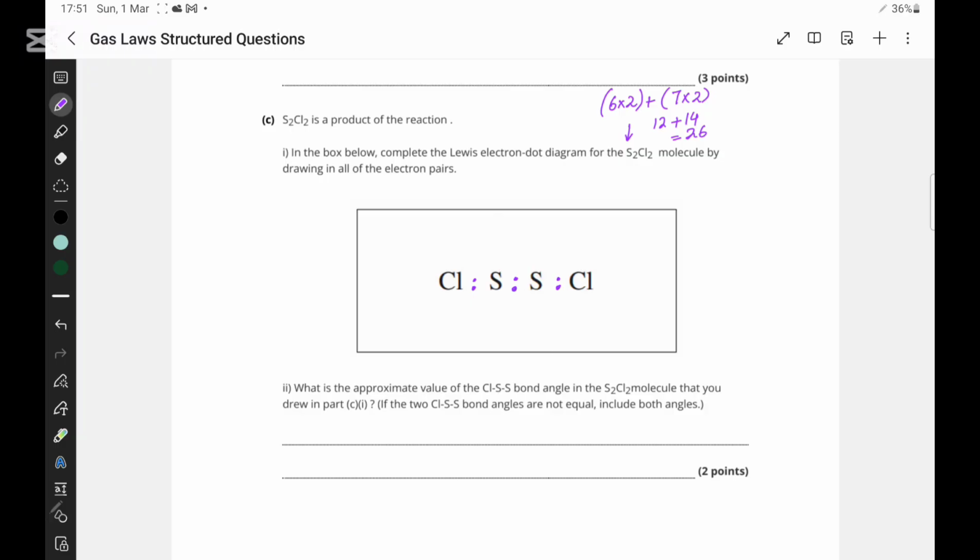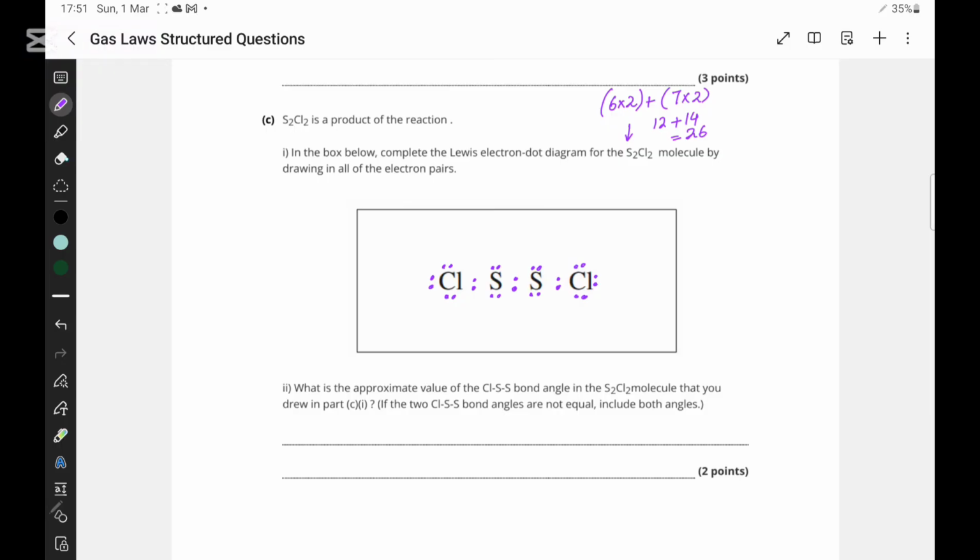One pair of electrons I have drawn, and then we have to show the remaining lone pairs. These are the lone pairs. So how many electrons does it become? 1, 2, 3, 4, 5, 6, 7, 8, 9, 10, 11, 12, 13, 14, 15, 16, 17, 18, 19, 20, 21, 22, 23, 24, 25, 26. So it has been completed.